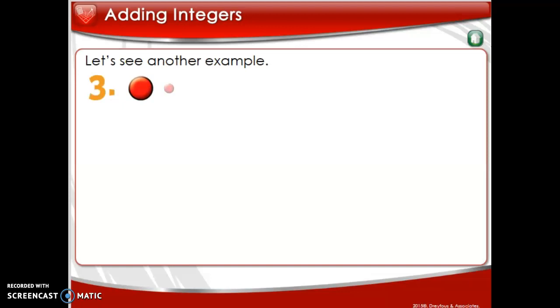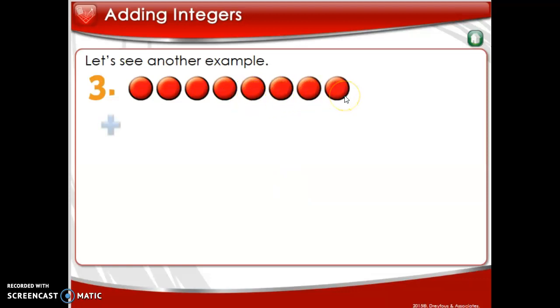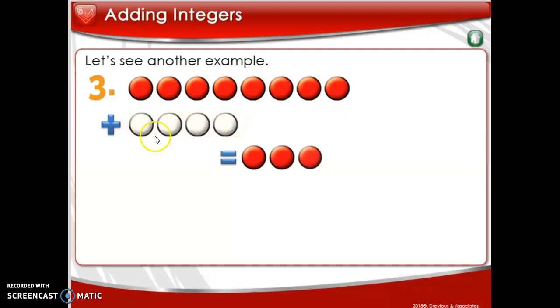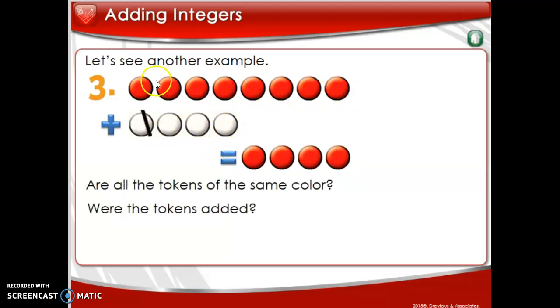Now I have 8 red tokens and 4 white tokens, equal 4 tokens.